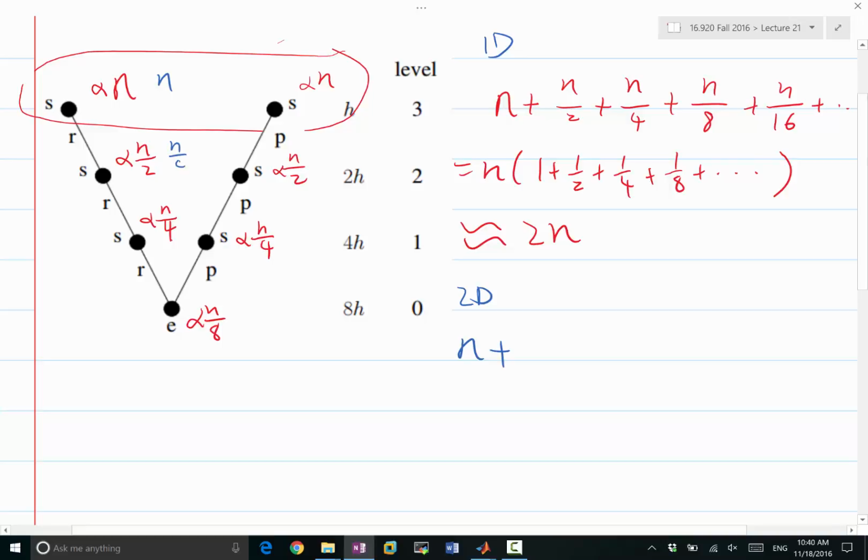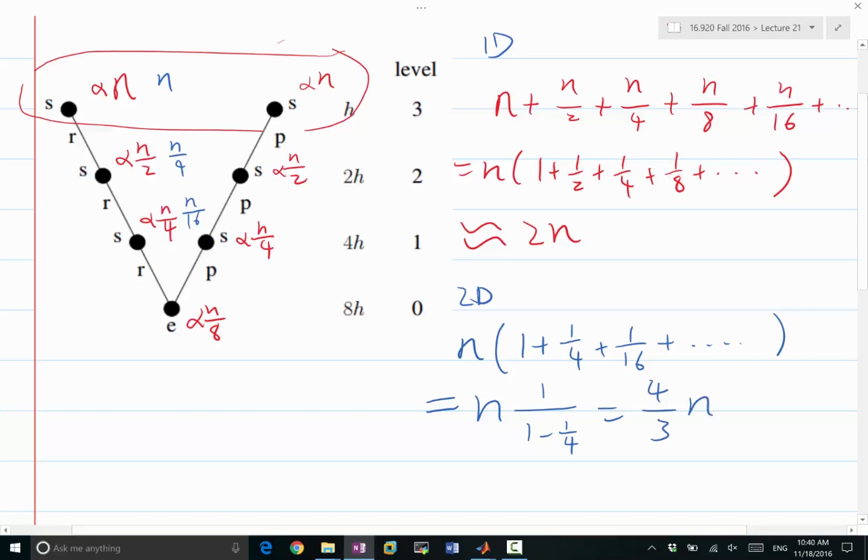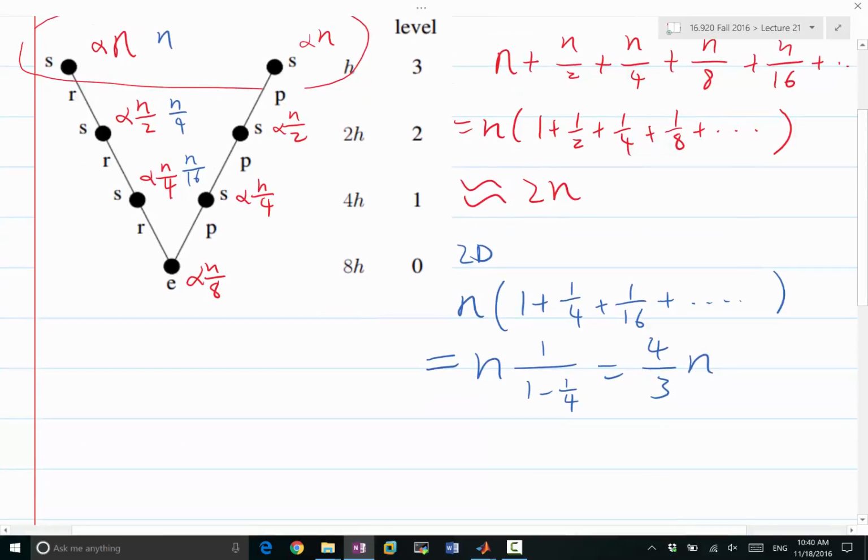So n over 4 and n over 16, etc. So what we would get in the 2D is 1 over 4, 1 over 16 plus etc. Well, it's n times 1 over 1 minus 1/4. So that's about 4 over 3 times n. So this is only a little bit more expensive than doing only the fine grid operations, right?